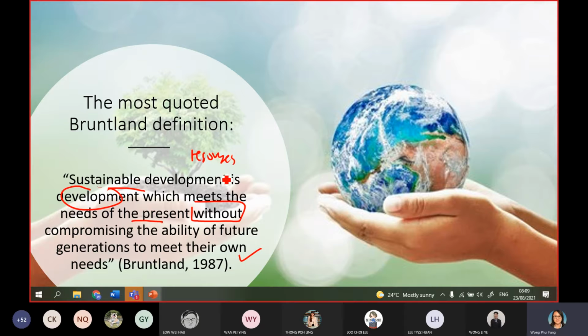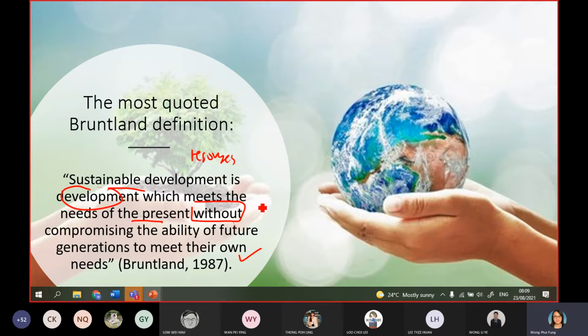If we continue to consume like this, one day our future generation will not be able to enjoy them. So sustainable development is to prevent overconsumption, to ensure that our future generation has an equal chance to enjoy these natural resources and achieve a good quality of life, either equal to what we have today or better.